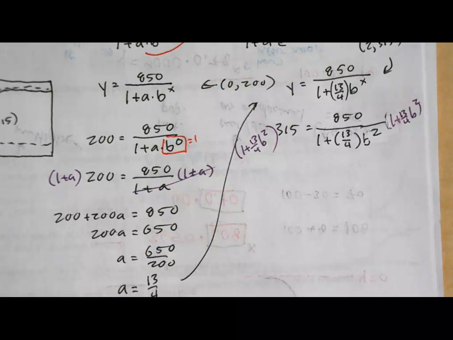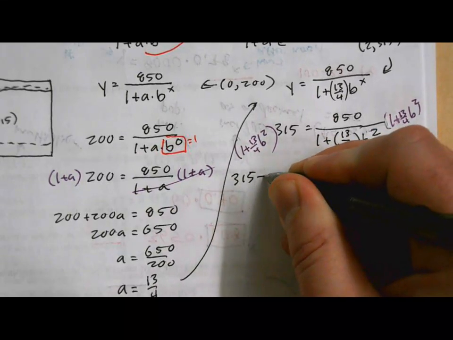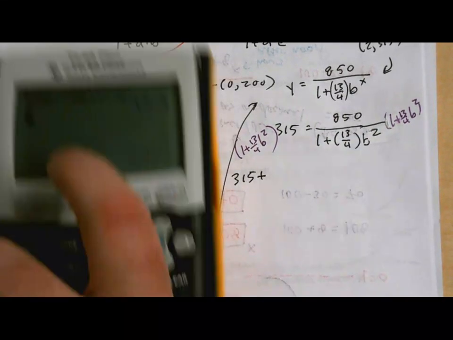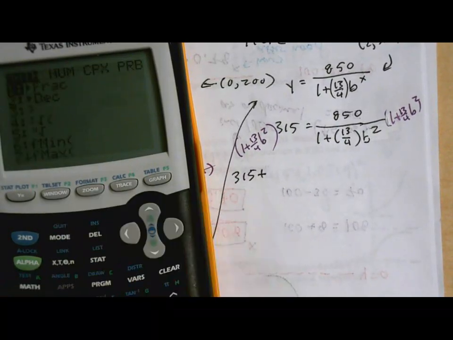At this point, folks, I'm hopeful that you're actually doing the problem and not just copying down my steps. Let's see, 315 times 13 over 4. We'll math frac that too.